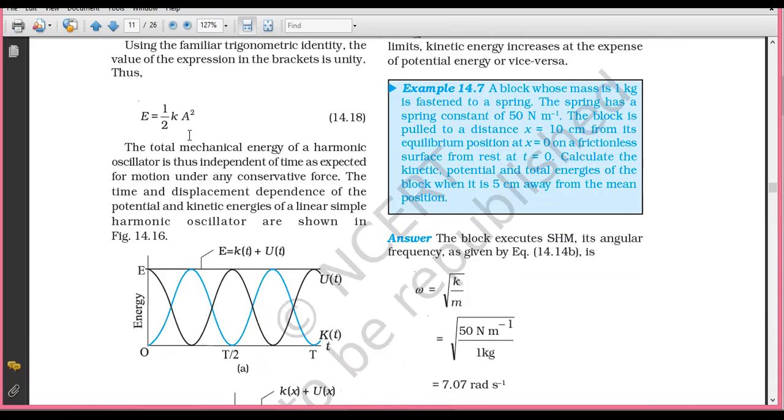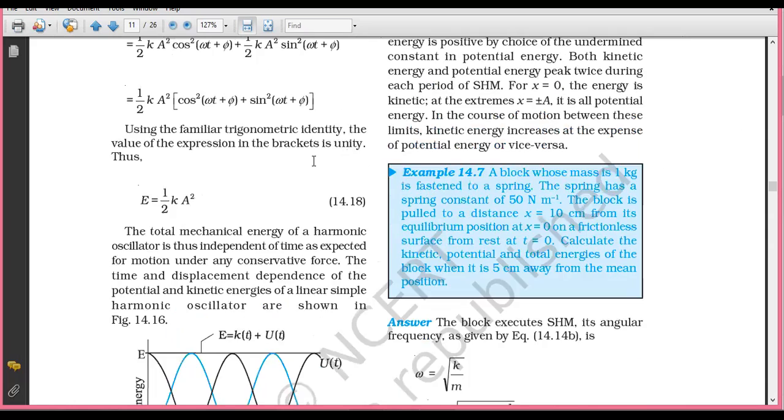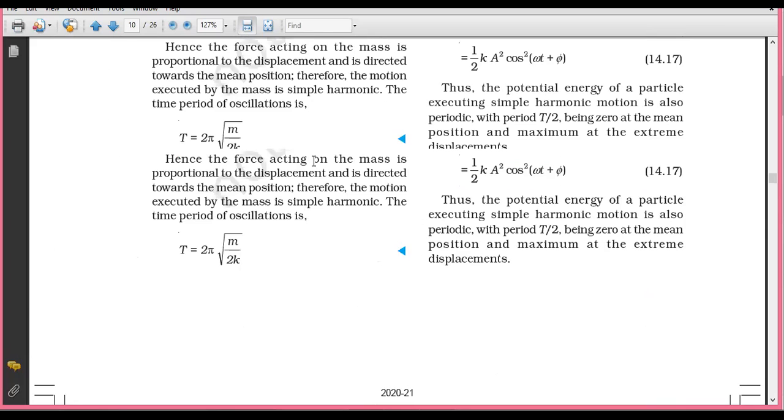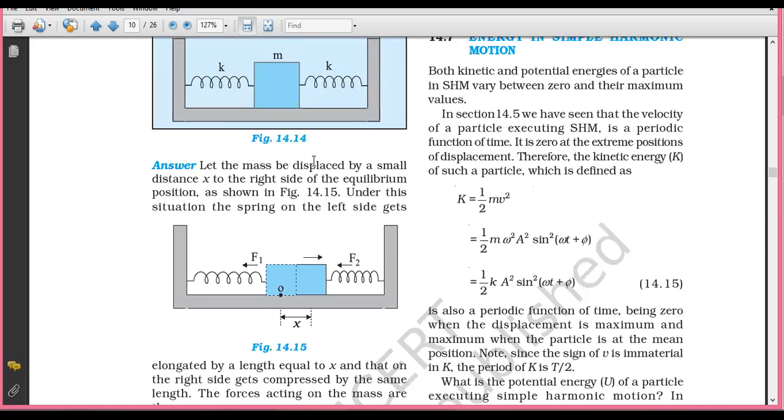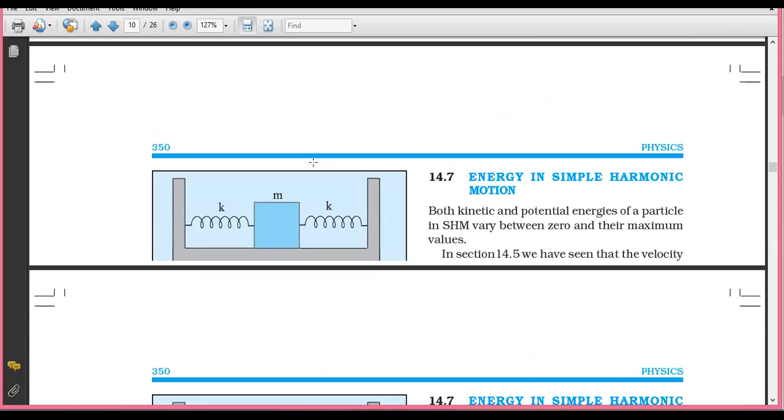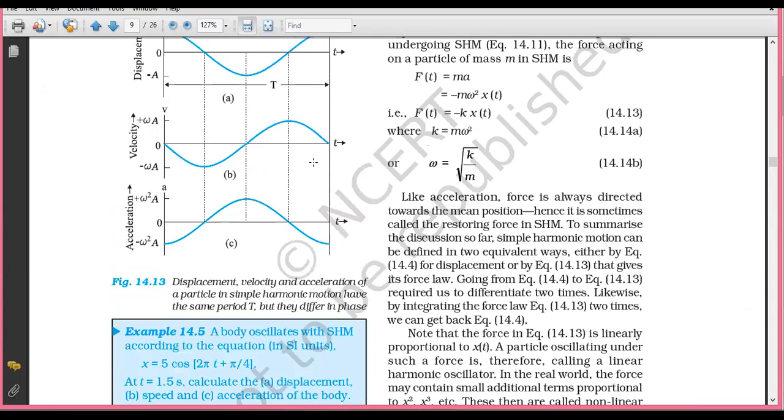How did I get half m omega squared? K was replaced with m omega squared, just from the formula which we studied right now. Omega is equal to square root of k by m. So if I square it on both sides, I'll be getting k is equal to m omega square.